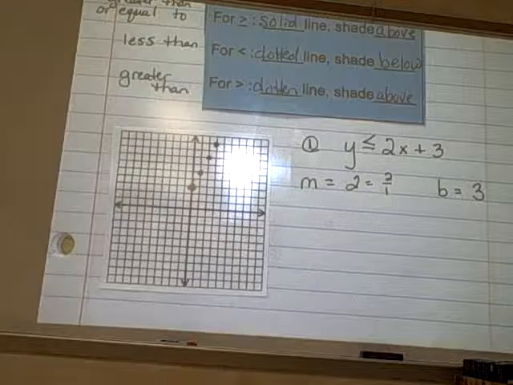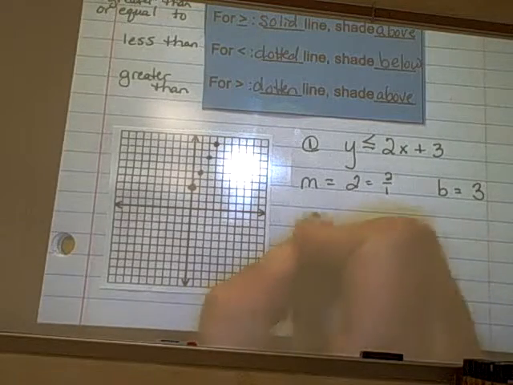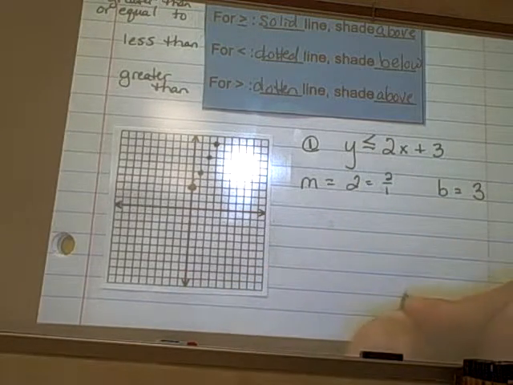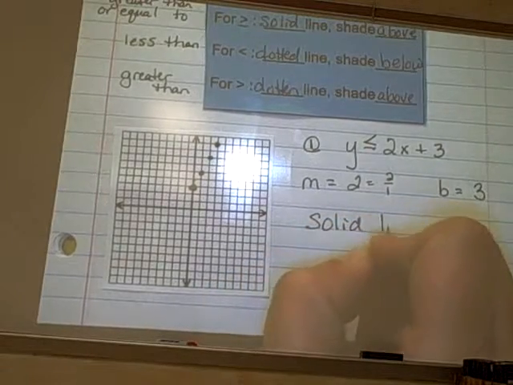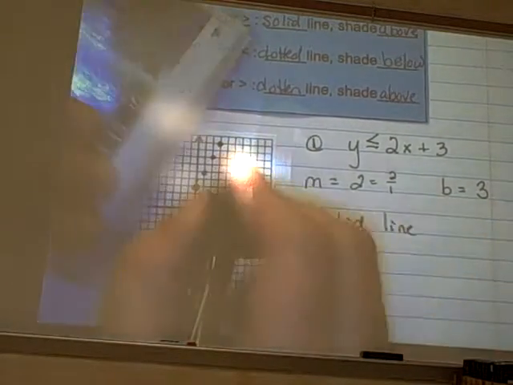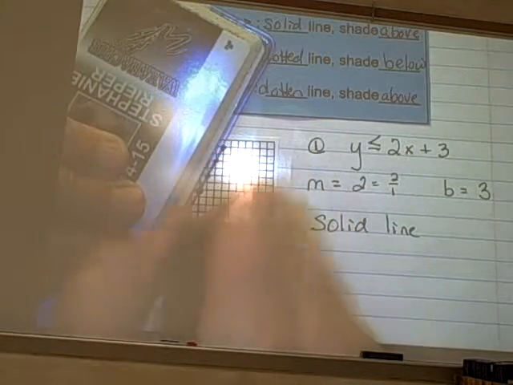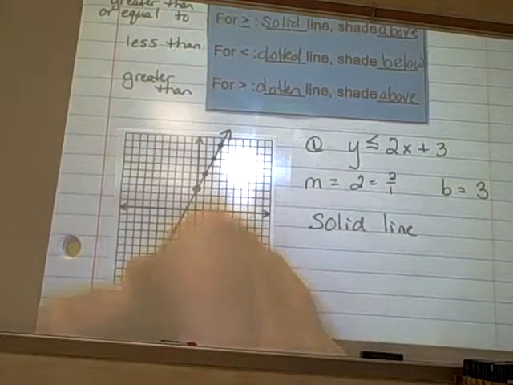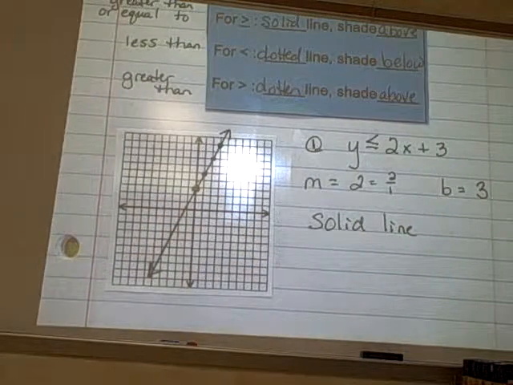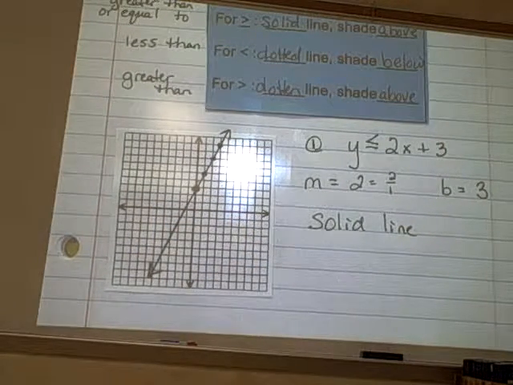So here's my question. What kind of line will this be? Dotted or solid? Solid, because it's underlined. Solid line. So I know I can go ahead and draw the solid line like this. The biggest mistake I make on this is I draw the solid line and it's supposed to be dotted, so I have to go and erase in between or something.